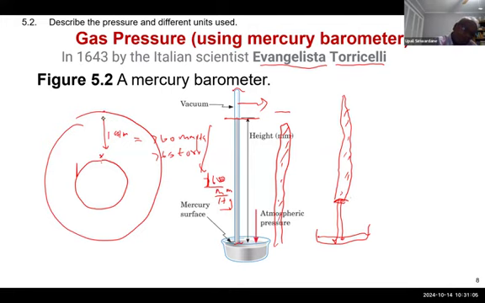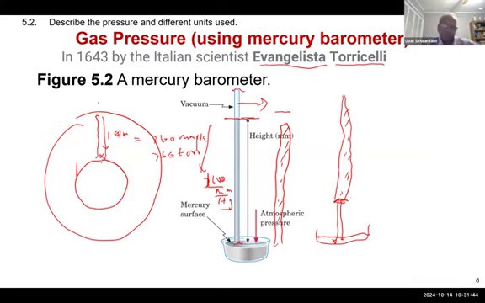From the top of the atmosphere to sea level, this whole air weighs as much as a 760 millimeter mercury column, therefore atmospheric pressure. If you go higher in elevation, atmospheric pressure is going to get reduced.